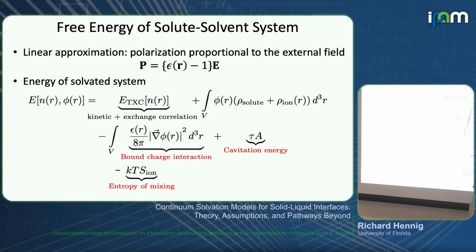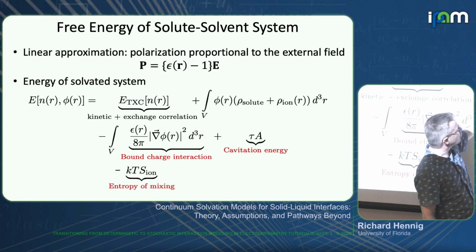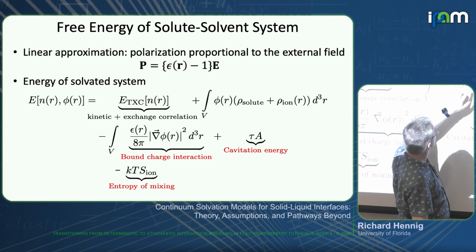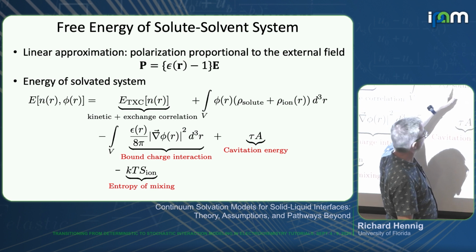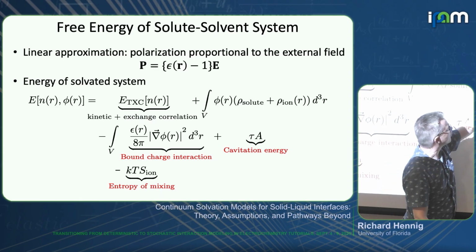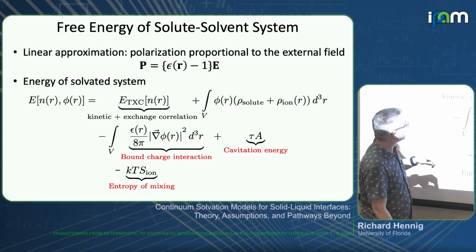I've separated that out because I'm changing it now. So here's your electrostatic term: your potential times your charge density of solute and ion. And clearly this is rho, on purpose, because it contains the electrons and the nuclei in my quantum mechanical region, integrated over all space. And then I have extra terms in here.